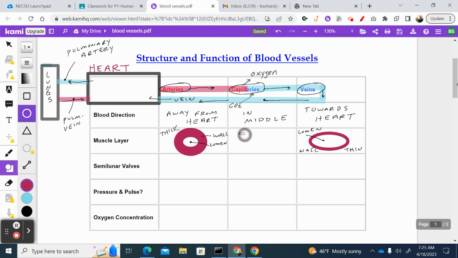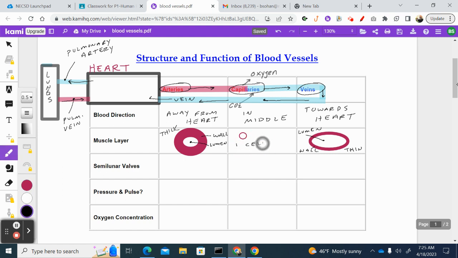Let's try that again. One cell thin. That's how thin it is. And it has to be like that because it's in the capillaries that things like oxygen and nutrients and minerals and carbon dioxide, all the gases, have to go right through the walls.